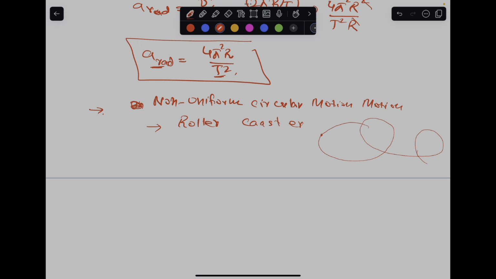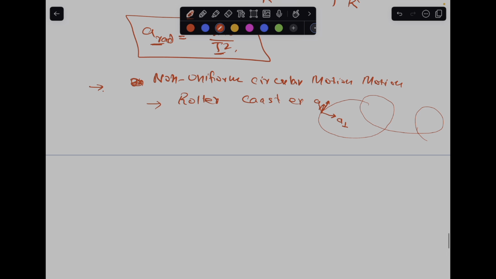the acceleration now has the velocity changing in that direction. So acceleration has two components now. This is your perpendicular component, and this is the parallel component, which is along the v. So this is your radial component and this is your tangential component.